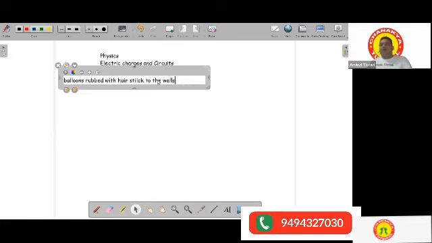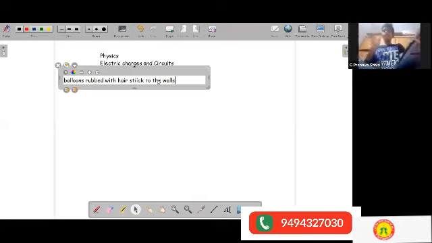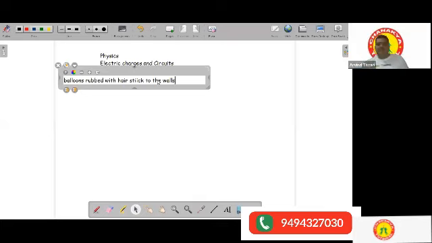Okay, if you have not done, I will tell you one activity similar to this, which you can do right now. If you have a plastic scale with you, I think everyone must have a plastic scale. Yes, sir. So take some small bits of paper, very tiny bits of paper, and rub the scale with your hair for around just 3-4 times and bring that scale near those bits of paper.